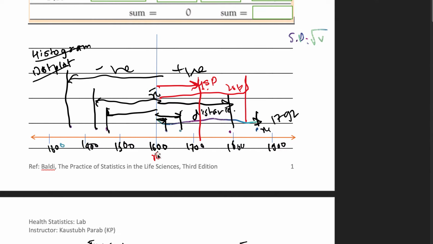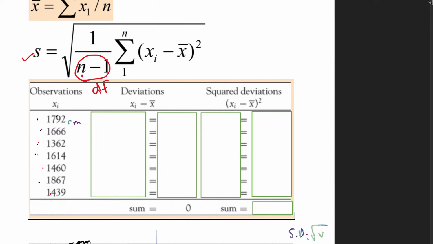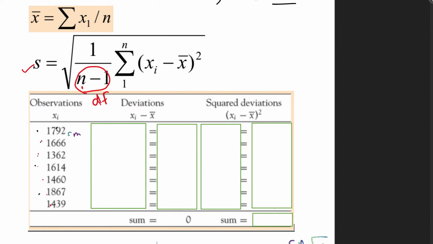It's practiced in health statistics, but overall, when you use one piece of information, you have independence for variability of n minus 1 terms, so that's why we use that. It has also been demonstrated by statisticians that if you divide by the degrees of freedom, you get a more appropriate standard deviation rather than just dividing by n.